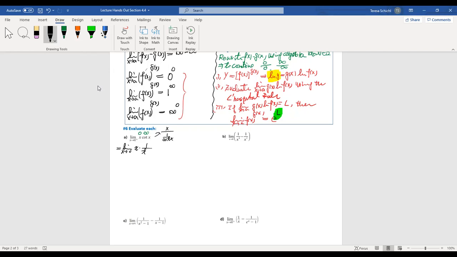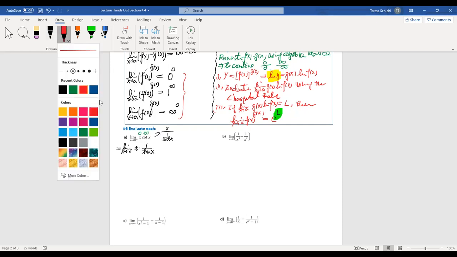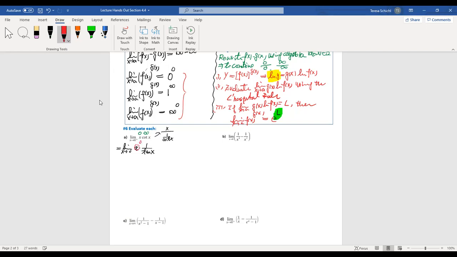So this will be x over tangent x. Now you plug in 0 again, so the top will be 0 and the bottom will be 0. So now this is a 0 over 0 situation.